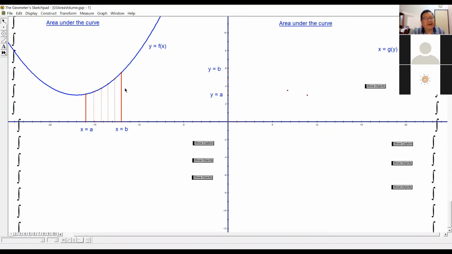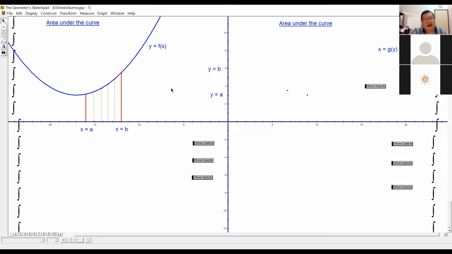But we are going to find the area between two lines, that is x equals a and x equals b. So we are going to find the area under this curve, not the whole area, but the area between a and b. Of course, the next line will be the x-axis.